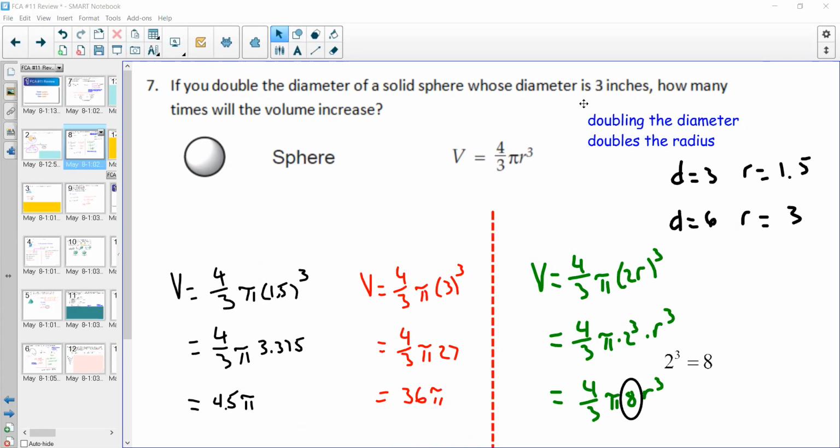For example, if we have a diameter of 3, our radius is 1.5. If we double that to a diameter of 6, what's our radius? It's 3. What's 1.5 times 2? It's 3. So nothing changes.